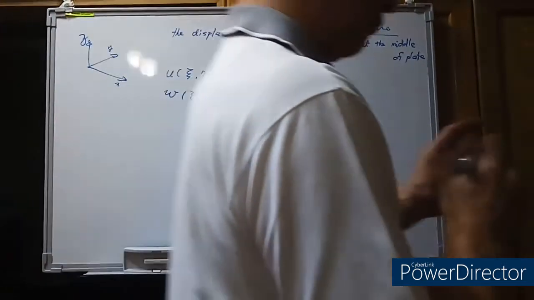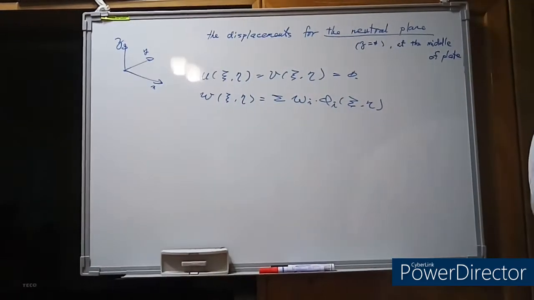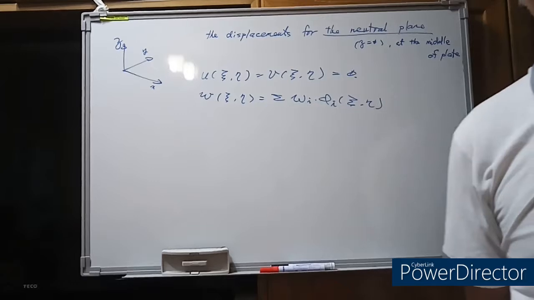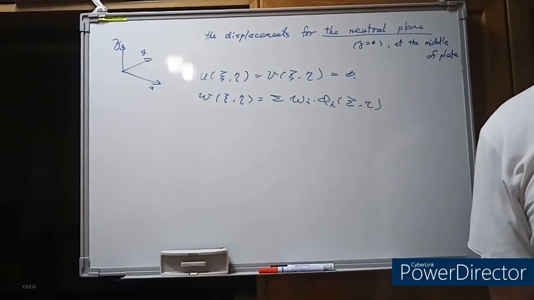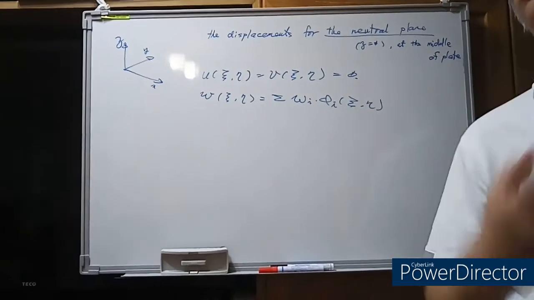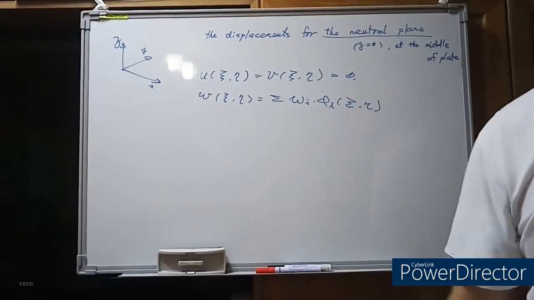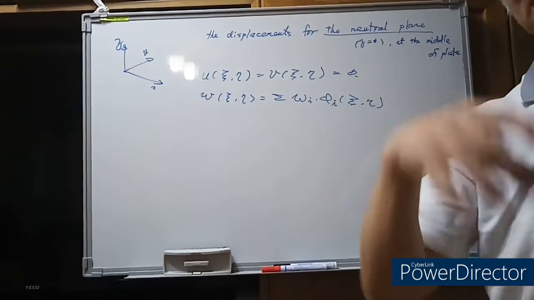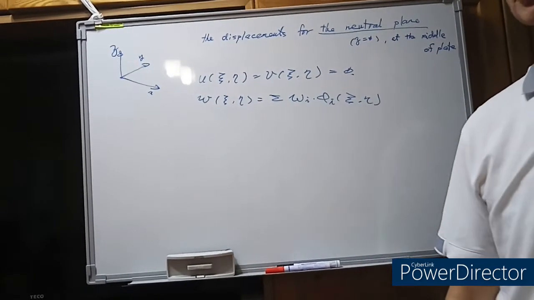first, for the neutral plane, the horizontal displacements on the same plane, the u and the v functions, they should be equal to zeros. Remember, we assume for the plate bending elements, all the applied loadings will be perpendicular to the plane.